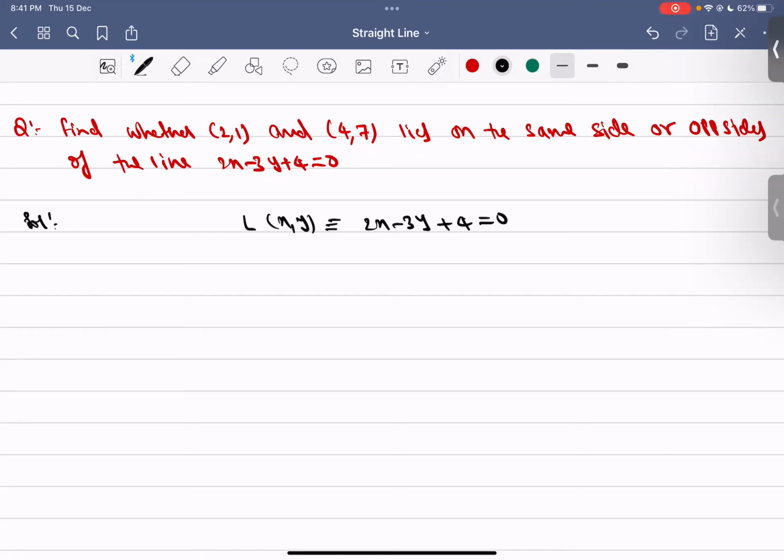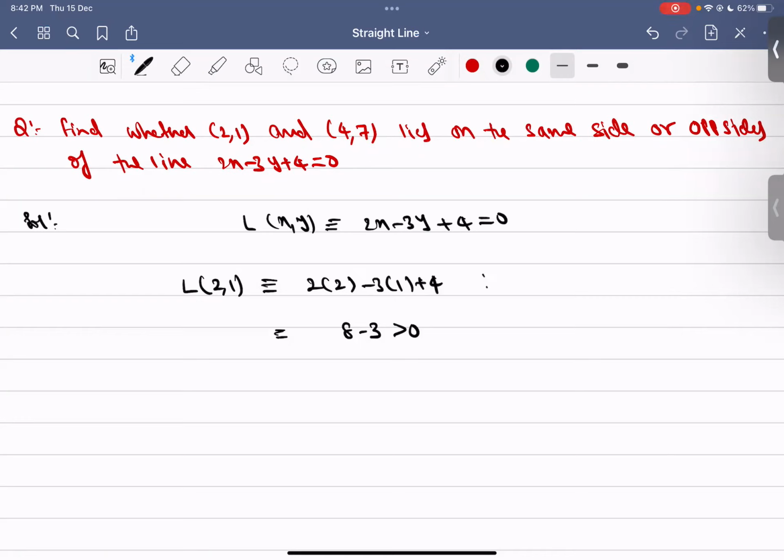Now here the coefficient of x is 2, that is positive. We calculate L of (2, 1), which is 2 into 2 minus 3 into 1 plus 4. We need not find the exact value, it is enough to find whether it is positive or negative. Here 8 minus 3 plus 4, so this is positive. The final value is not important, the sign is important.